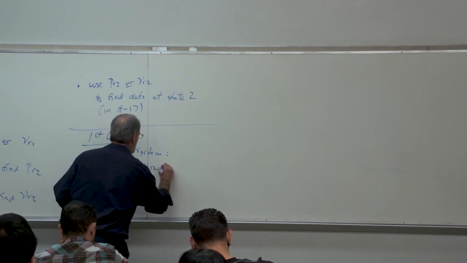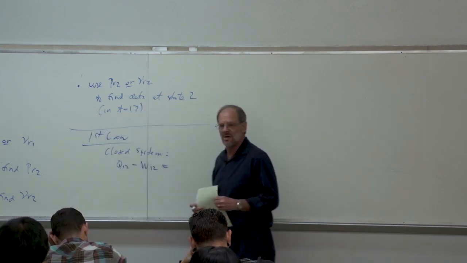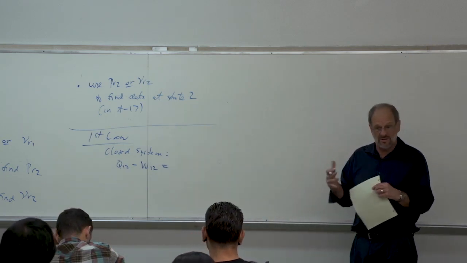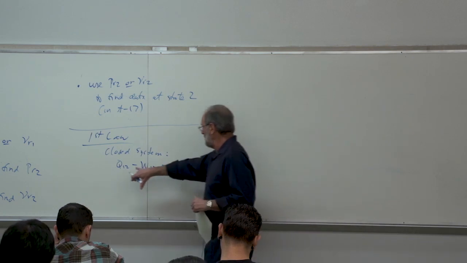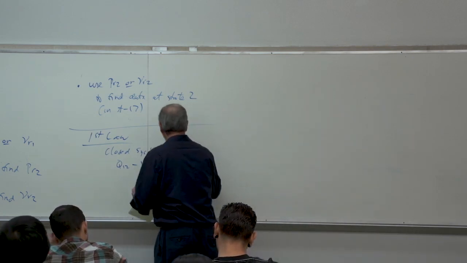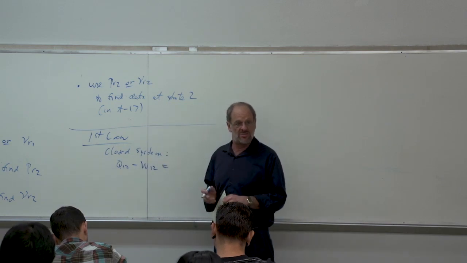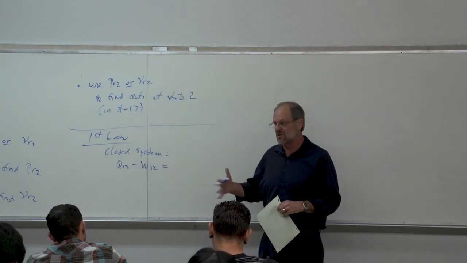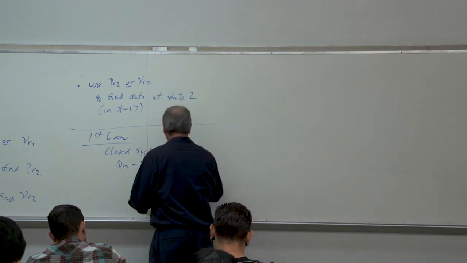So Q12 minus W12. This would represent a closed system, so 1 and 2 is initial and final state. The heat added minus the work done by the system is simply going to equal the change in the energy, right? And that energy could be internal energy, or kinetic energy, or potential energy. So we will put all three on the right-hand side of the equation.